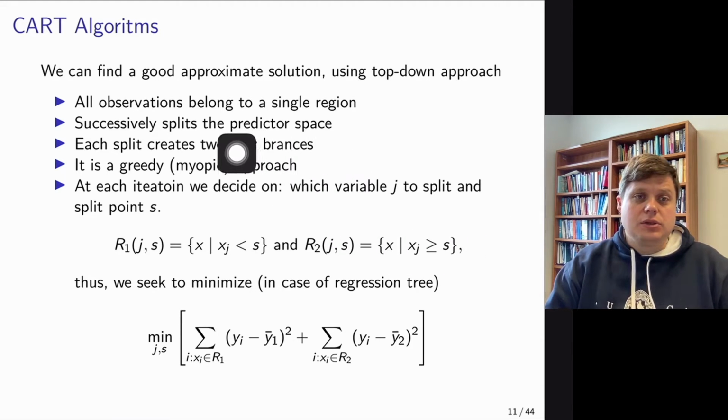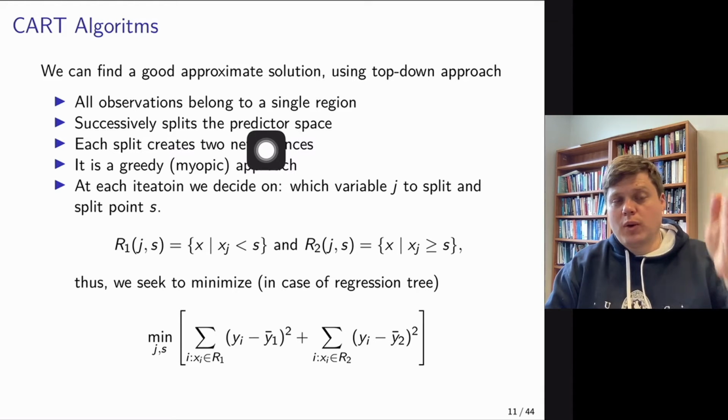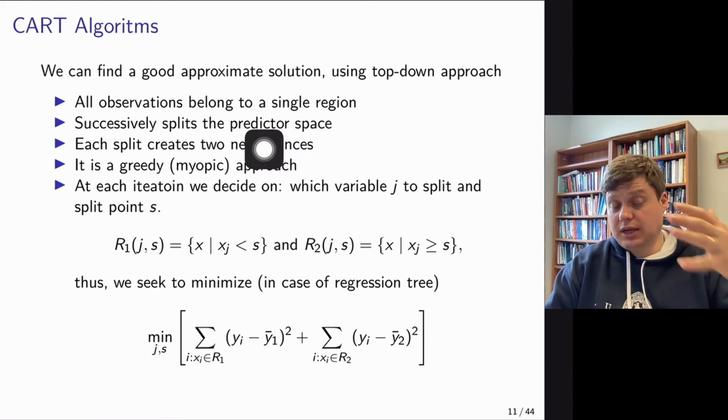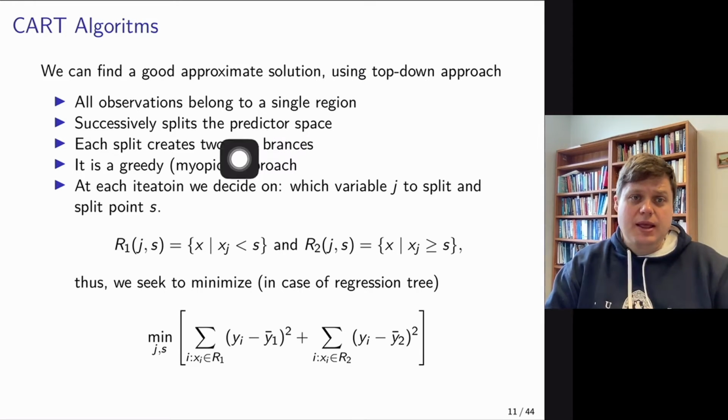Okay, so let's summarize things. All observations belong to a single region, and we successively split the predictor space. Successively means that we find one split at a time. That's what the CART algorithm does, and that's the myopic part. Instead of finding all of the optimal splits simultaneously or jointly, it does one cut at a time, and one cut is relatively easy to find.